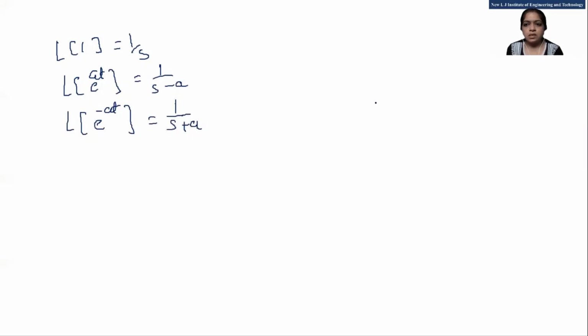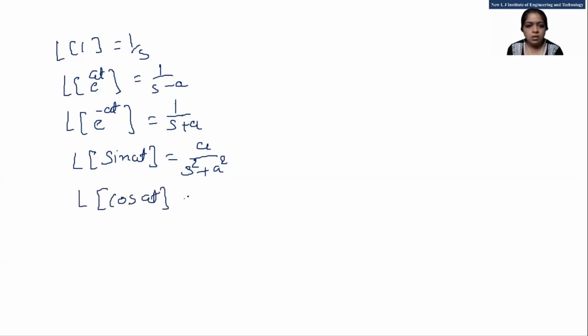Then Laplace of sin at is a upon s square plus a square. Laplace of cos at is s upon s square plus a square.